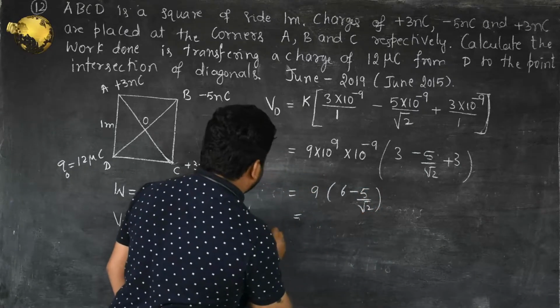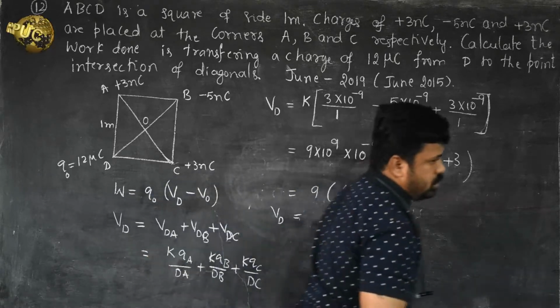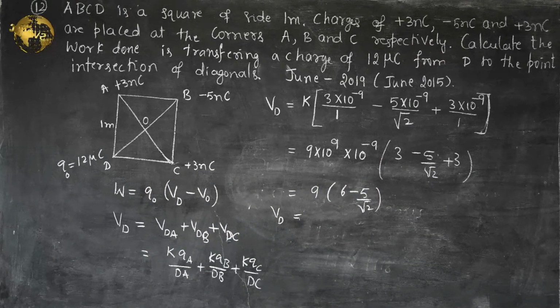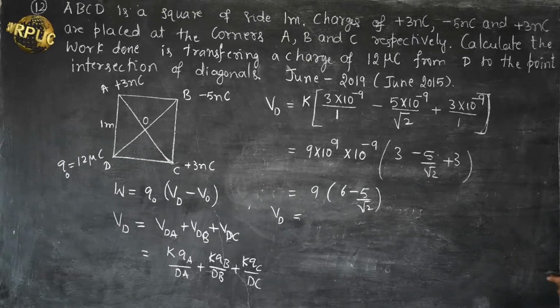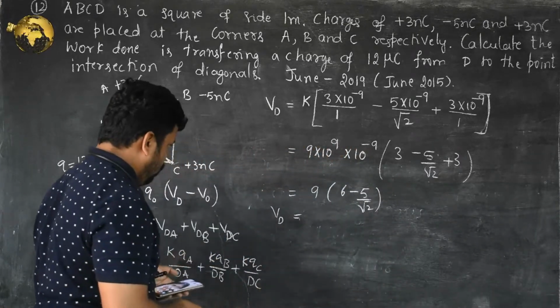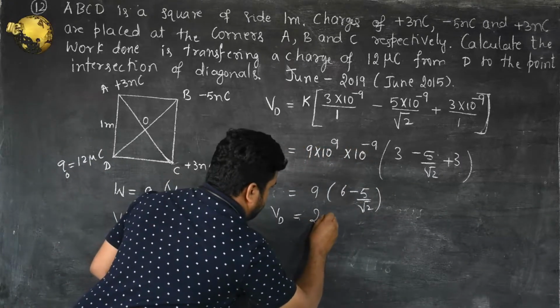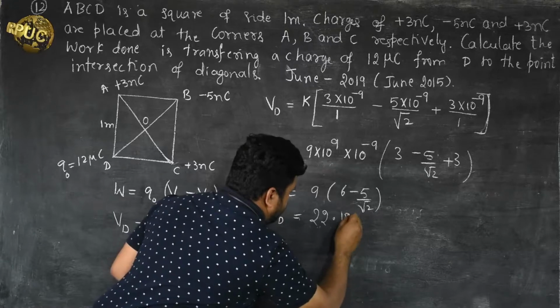On solving this, potential at D is equal to 22.18 volts.